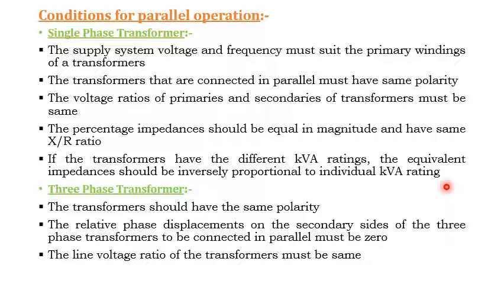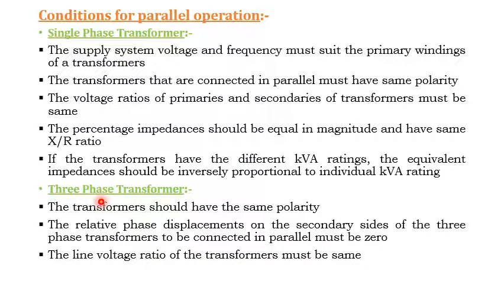In that case, the equivalent impedance of the system should be inversely proportional to the individual kVA rating, either the 5 kVA rating transformer, or the 2 kVA rating transformer. So this is one more condition it should fulfill in order to go for the parallel operation of a transformer. This is for single phase transformer.